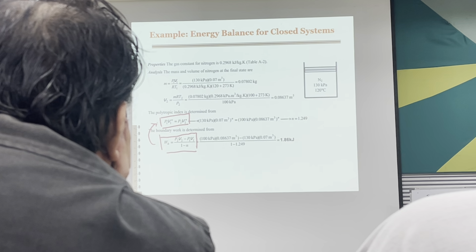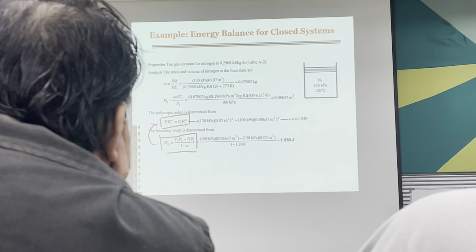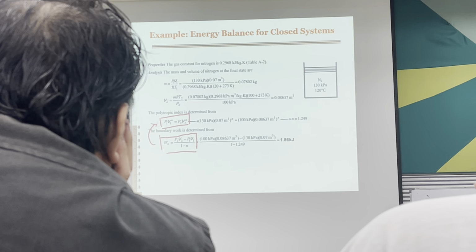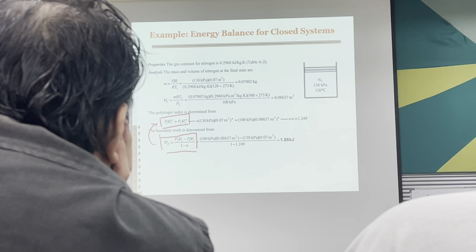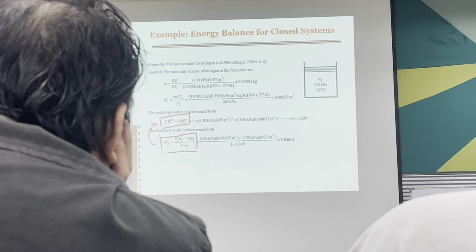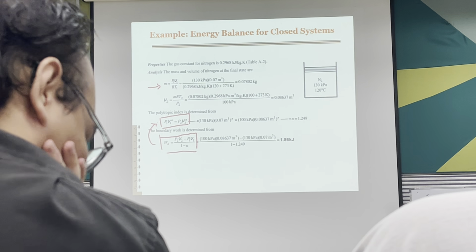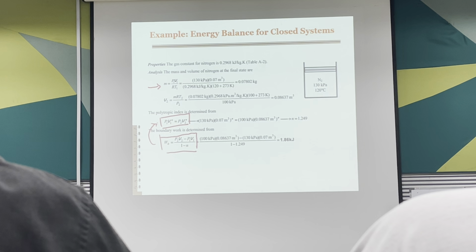So we come back to this, PV minus PV over 1 minus n. So you need the volume of this gas. Since for nitrogen, in a way we can still use the ideal gas equation to a certain extent, so we use the ideal gas equation here, which is PV equals to nRT.